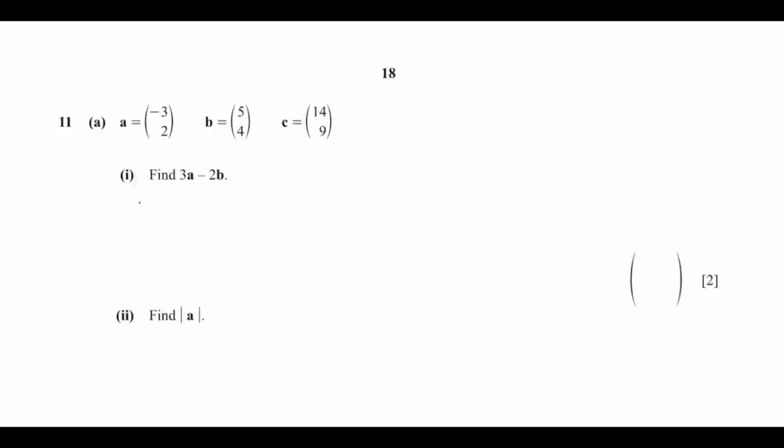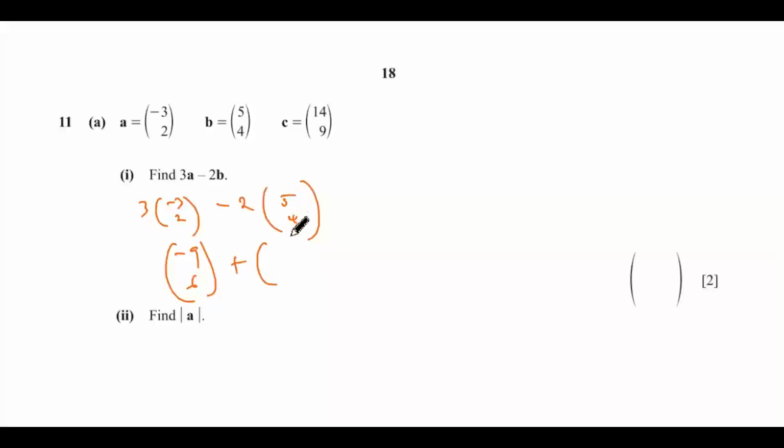So this will be 3 into negative 3 over 2, then minus 2 into 5 over 4. If you do this, you get 3 times minus 3, that will be minus 9, and 6. Then let's expand this with the bracket.